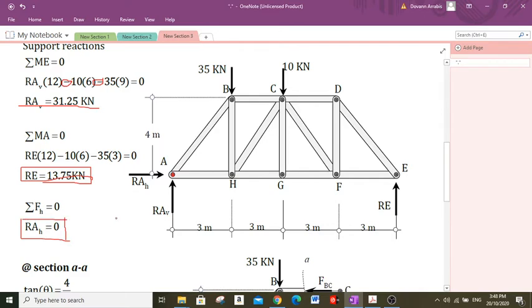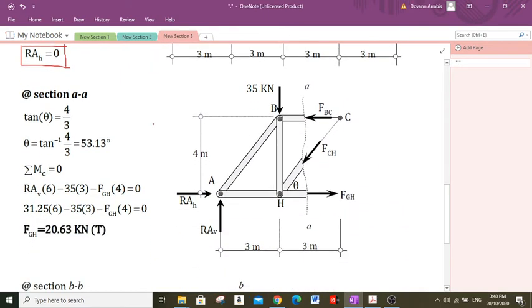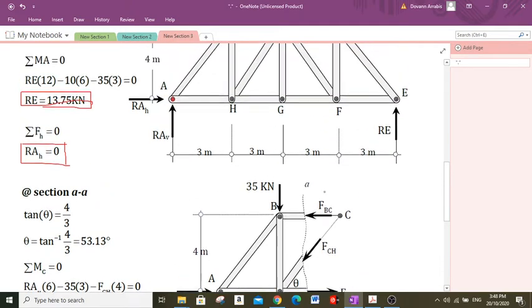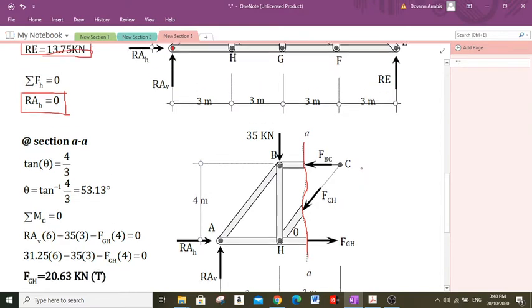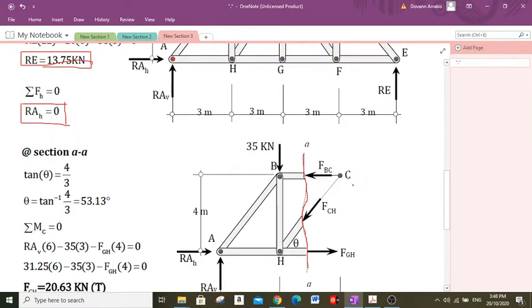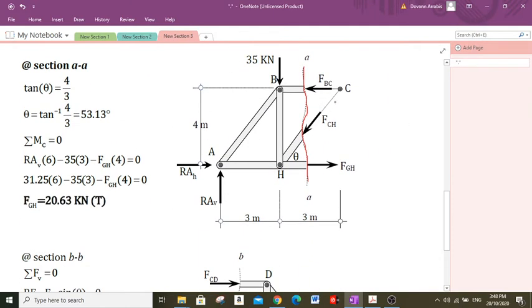So at section AA, we have three forces, no? The forces acting on members BC, CH, and GH were exposed.